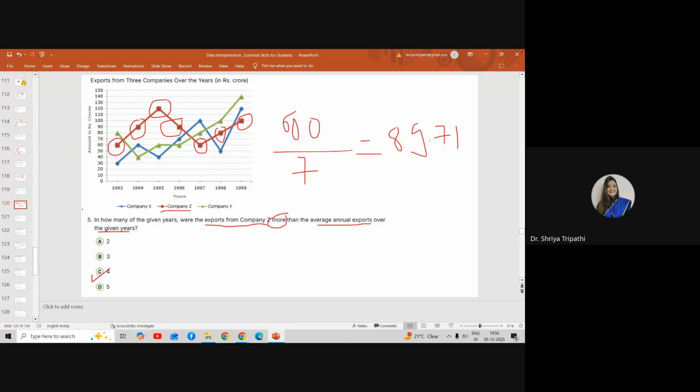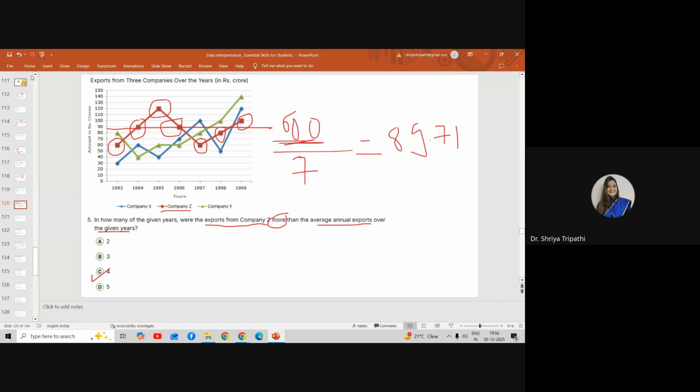I repeat, for the average annual exports of company Z, we have added all these figures, which comes to 600, divided by 7 because it's average, which comes to 85.71. Now, if you look clearly, how many are above 85?